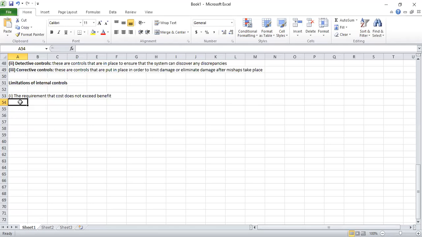So because of that, there are controls that can make our system foolproof which are not implemented simply because their cost might outweigh the benefits. At the end of the day, organizations don't implement all the controls that are required. If you're a small shop, you can't talk about a procurement committee. You can just have one person doing the buying, and that person can buy from friends, even at inflated prices.